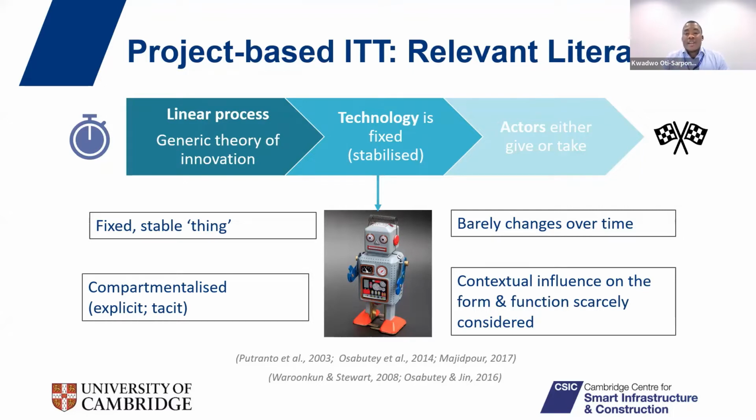Another assumption is that technology barely changes over time. What is passed on is what remains in the given country. Also, a shortcoming in the literature is that the contextual influence on the form and function of technology is barely considered in examining international technology transfer.